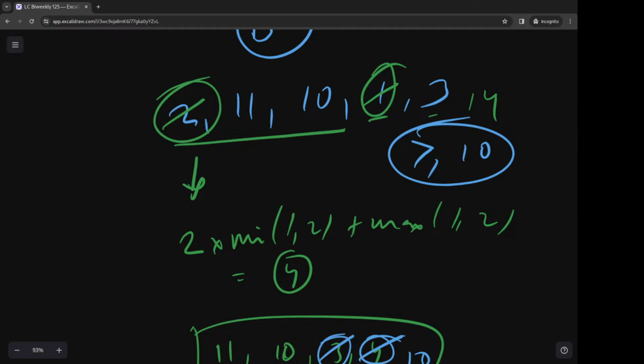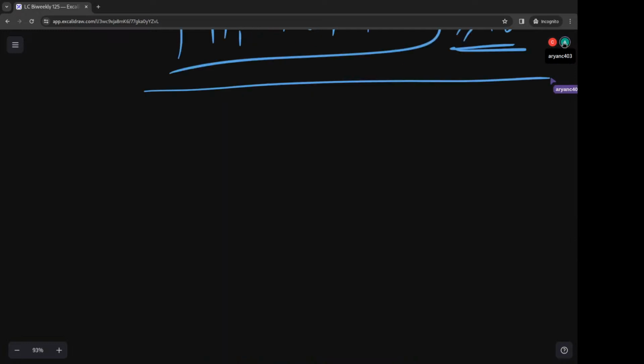Let me draw it once. Okay, problem C. Let me draw the given graph as well, which is given in the input.